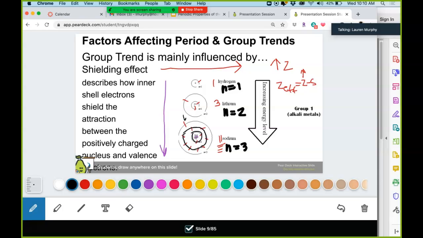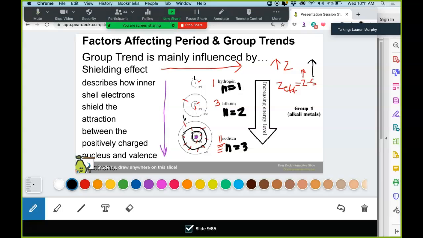So while yes, you have more positive charge in the nucleus, you also have a greater amount of screening. And so that interferes with the ability of the nucleus to attract these valence electrons. So that's why as you move down a family, the atom gets bigger and bigger and bigger because of all of this shielding or screening that goes on from the inner shell electrons.